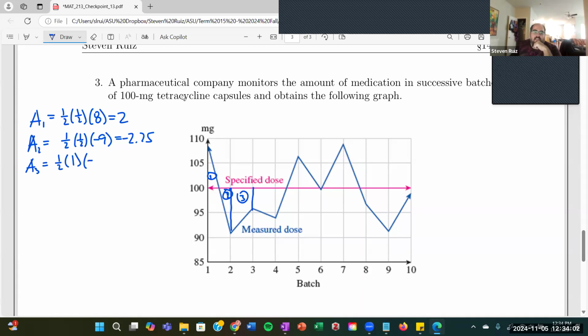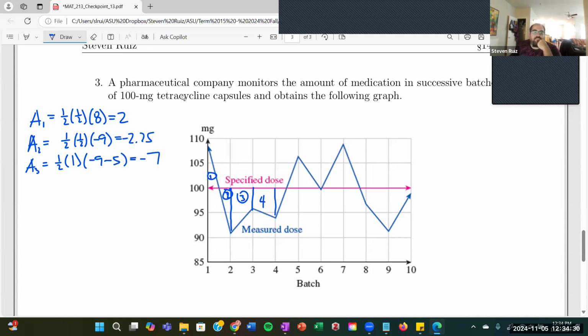We said one of the heights is -9. What's the other height? Let's just say -5. I'm going to use whole numbers for all these. So this comes out to be -7.